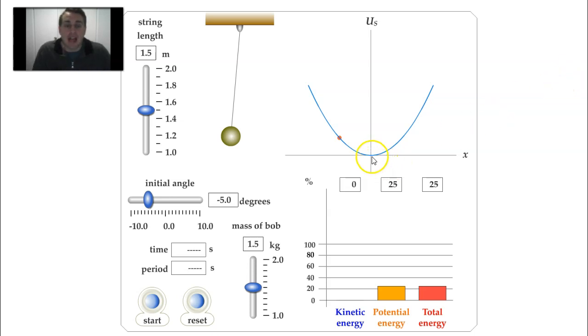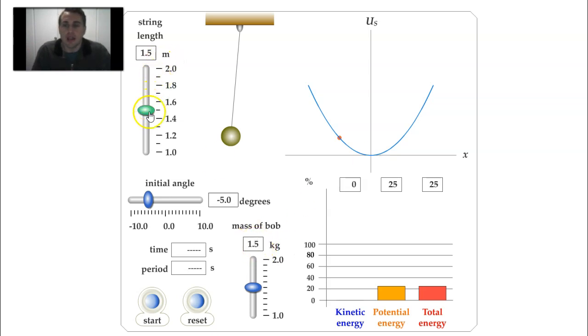So in fact, exactly at the bottom, gravity does 0 work, and that's because the gravity force is straight down, the displacement is straight to the right, or if it's going the other way, straight to the left, and the cosine of the angle between those two vectors is the cosine of 90 degrees, which we know to be exactly 0. So since gravity does 0 work at the bottom of the pendulum swing, gravity doesn't change its potential energy at that point. It's only the kinetic energy that, via inertia, continues the pendulum on its swing.